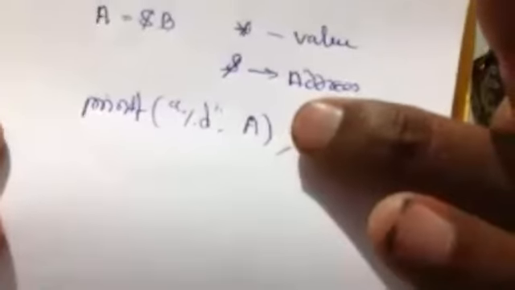Sir, value of A. I'll say simple one. If I write this line, what it will display? Sir, value of A. Value of A, exactly.